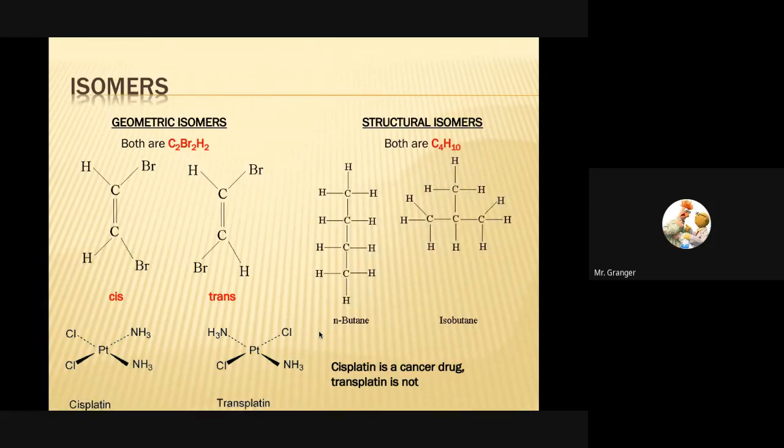Let's look at structural isomers now over here on the right. Both are C4H10. So the formulas are the same, being made up of 4 carbons and 10 hydrogen atoms attached to the 4 carbons. This gives us butane. On the left-hand side, we have n-butane, which is linear, or a straight line.